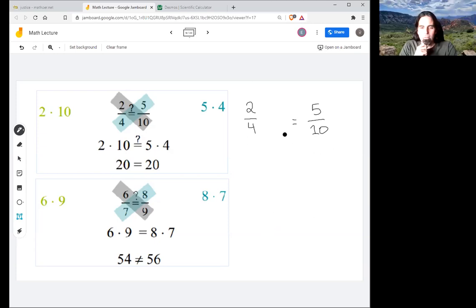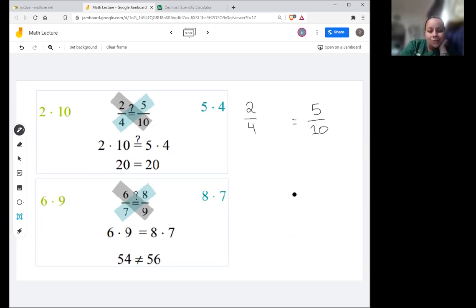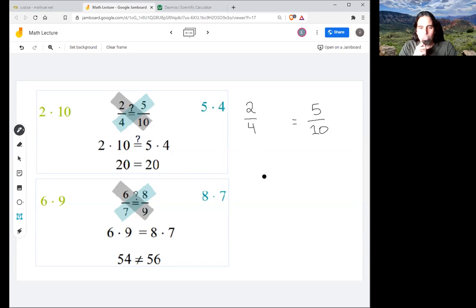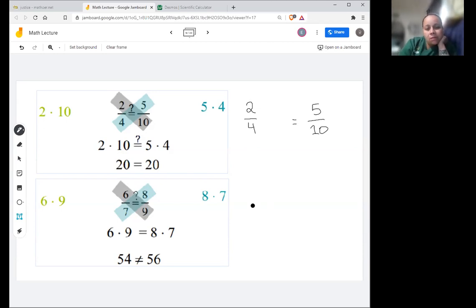No, you said you've never heard of cross multiply before. So how would you know if these are the same amount, 2/4 of a cake and 5/10 of a cake? Because 5 is half of 10 and 2 is half of 4.